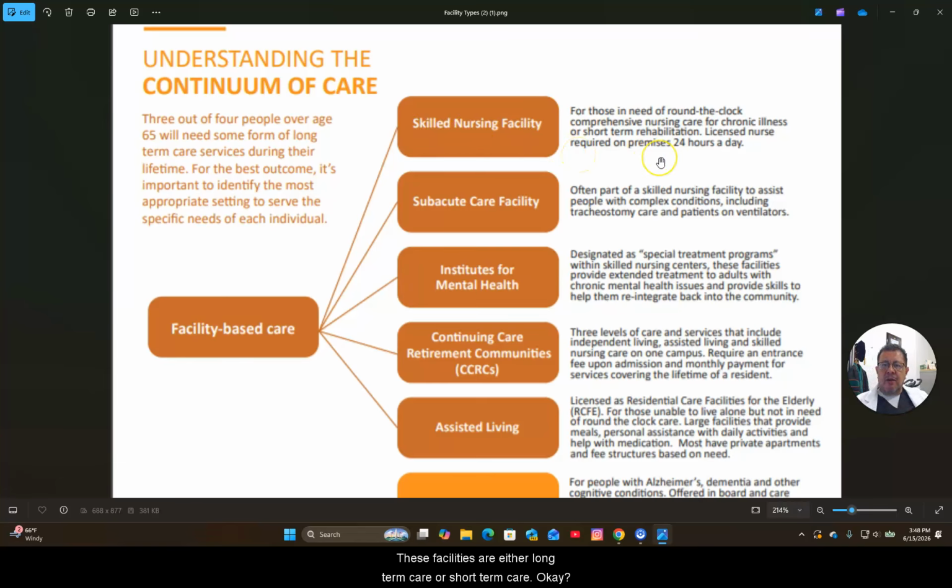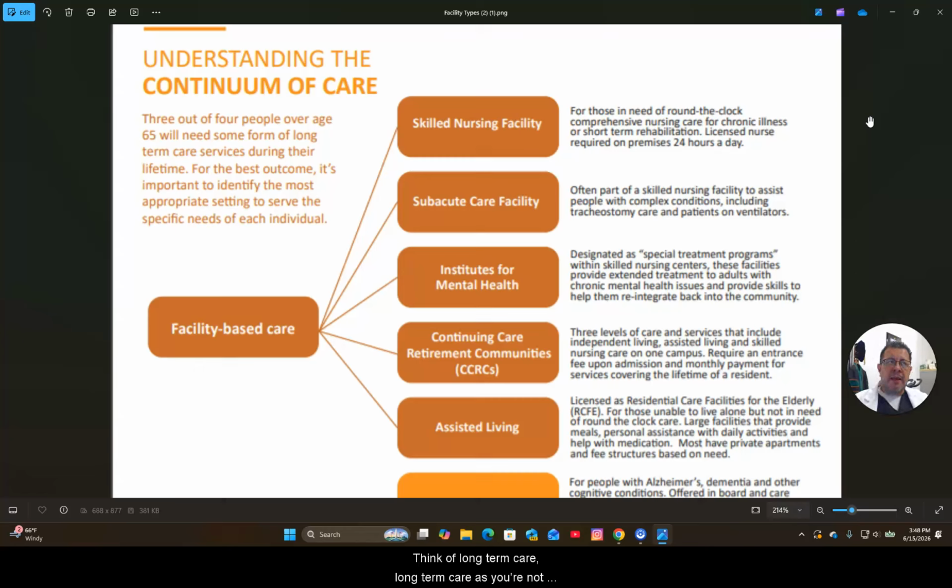These facilities are either long-term care or short-term care, okay? But regardless, the patient, otherwise known as a resident, is receiving 24-hour care from a licensed nurse. Now, I do go over skilled nursing facilities in more detail, so right now I won't go that deep into it. But I mentioned they have long-term care and short-term care.